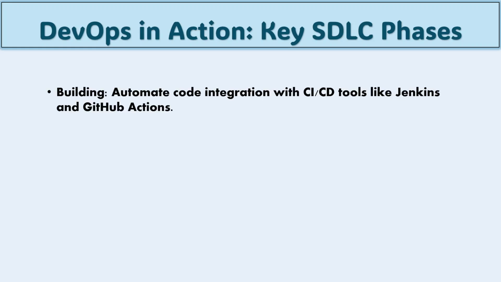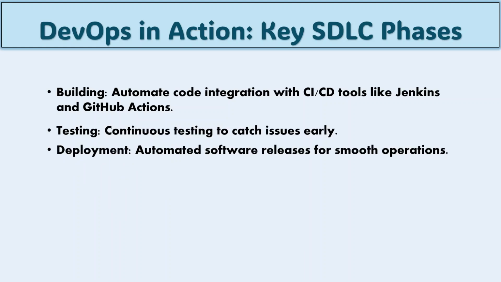As a DevOps engineer, your focus should be on these key SDLC phases: building phase, testing phase, and deployment phase. In the building phase, they automate code integration using CI/CD tools like Jenkins and GitHub Actions. Do not worry if you have no idea about tools like Jenkins and GitHub. We will be covering those topics in future videos.